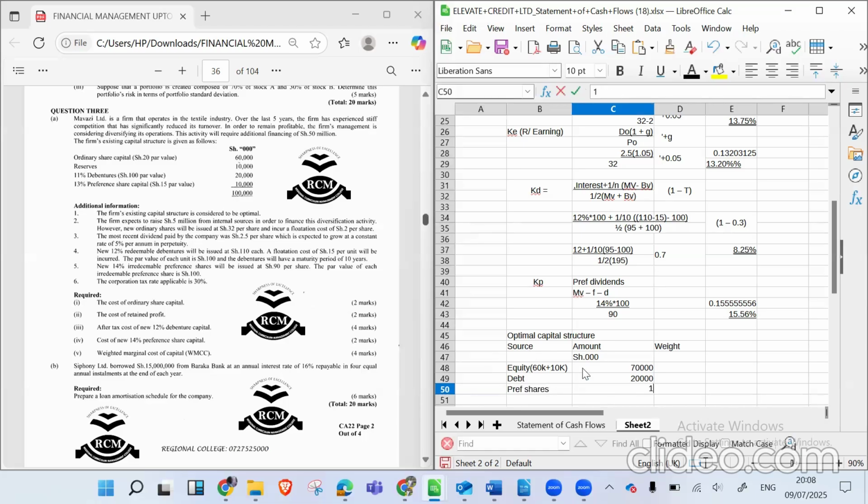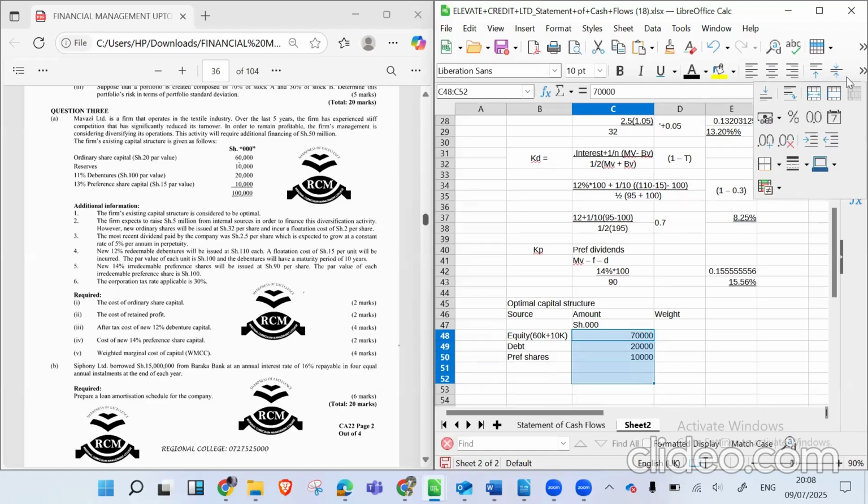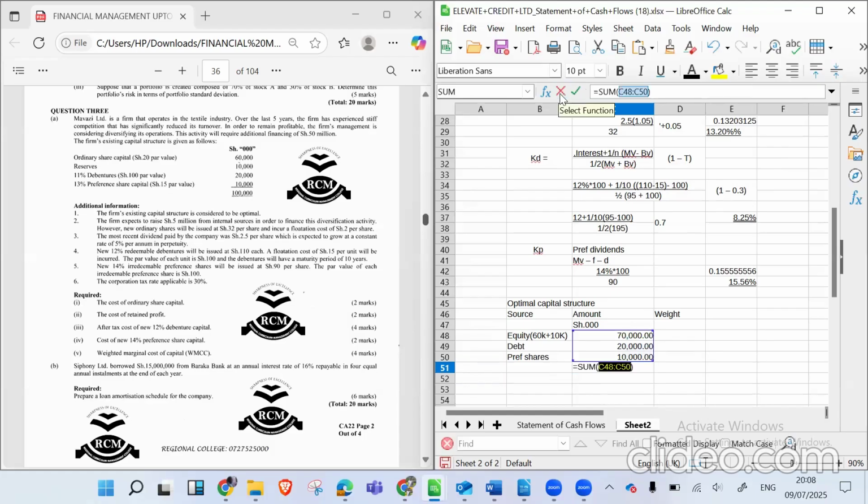So preference shares are 10,000, as it is in the optimal capital structure. So the total of that gives us 100,000.